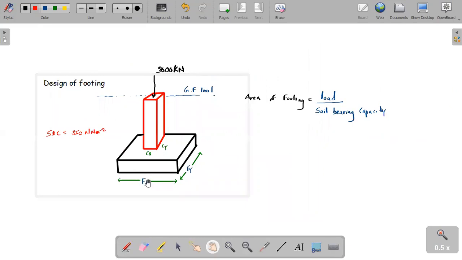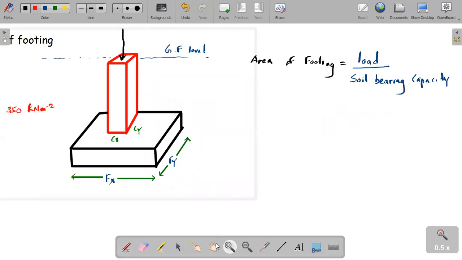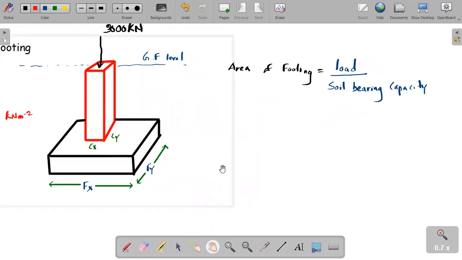But if you are a civil engineer, you need to find the soil bearing capacity of this soil. I will provide this detail in another video. For example, I will take this as 350 kilonewtons per square meter. Okay, then let's go to find the area of the footing.